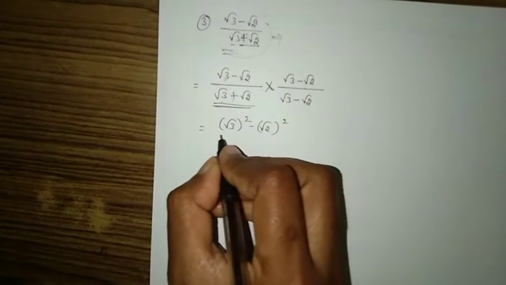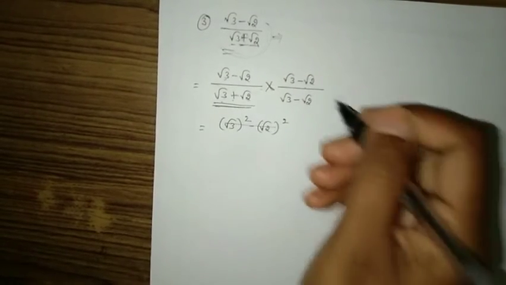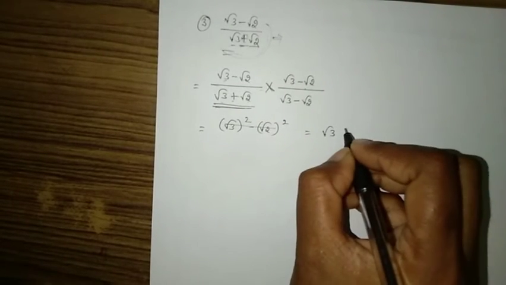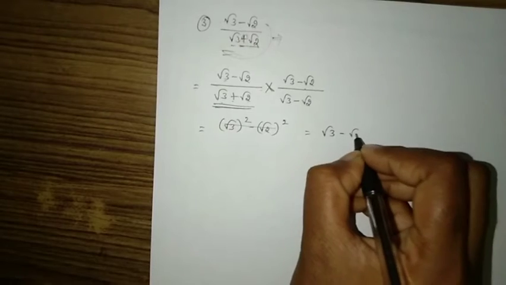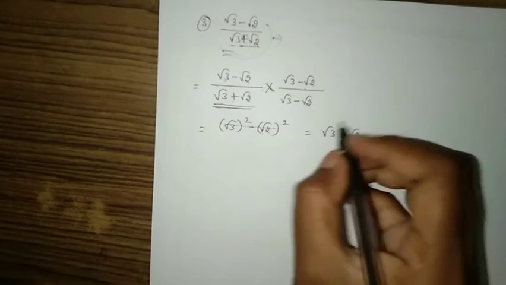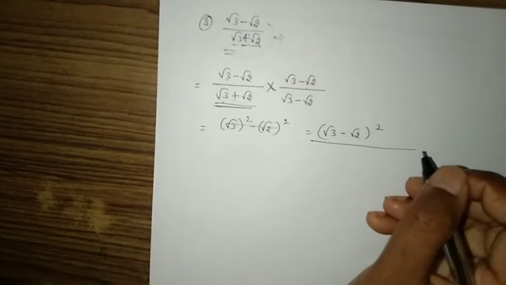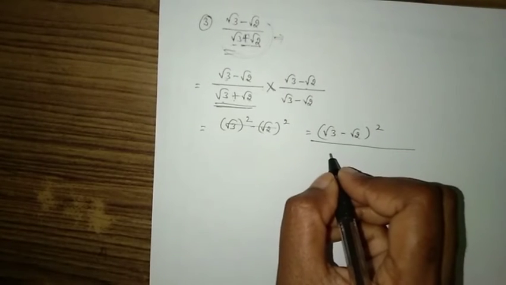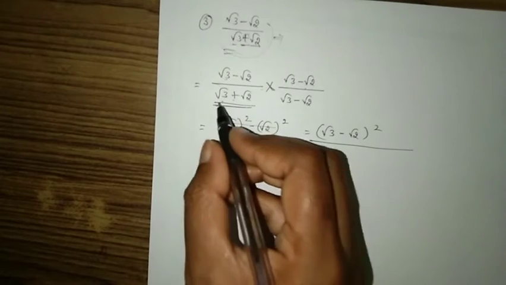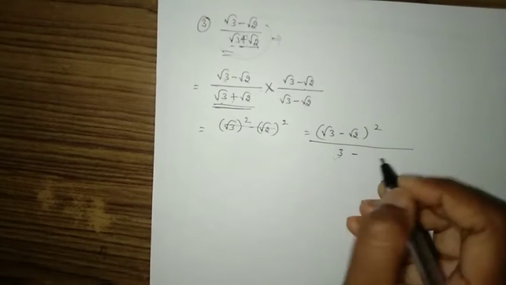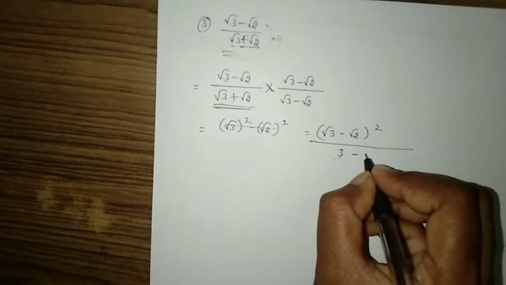So we get root 3 minus root 2. We multiply these terms as whole square, okay, because of simplification. So in the denominator it becomes 3 minus 2.